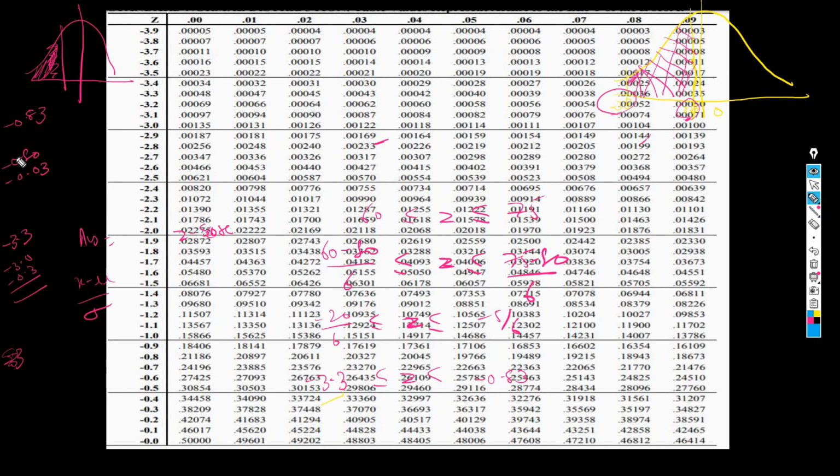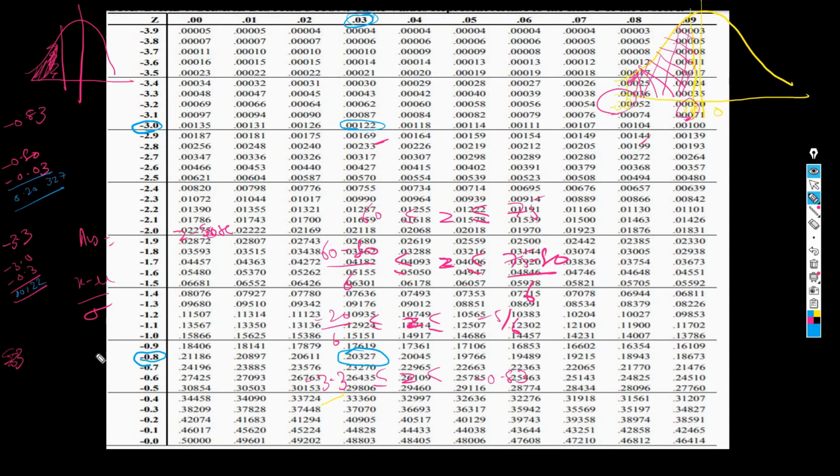First of all we need to find minus 0.80. You can see minus 0.8 is there and minus 0.03 is there. So I will get this probability, which is nothing but 0.2327. Now for this probability, minus 3.0 and 0.3, you can see there you have 0.00122.